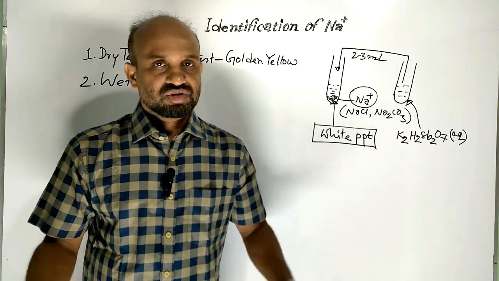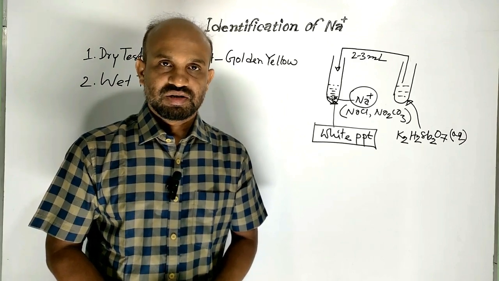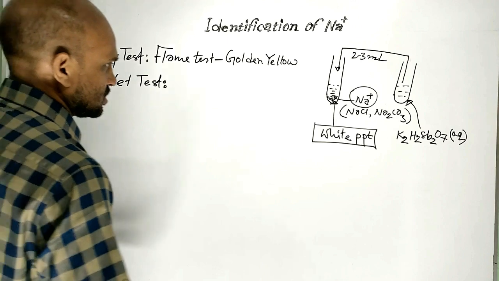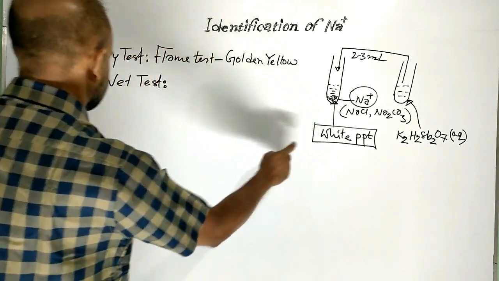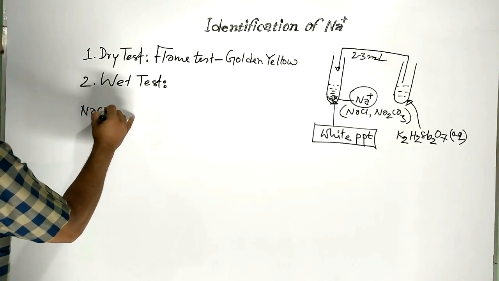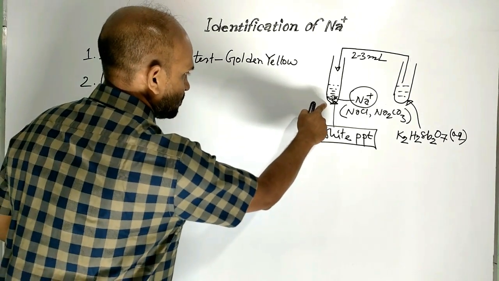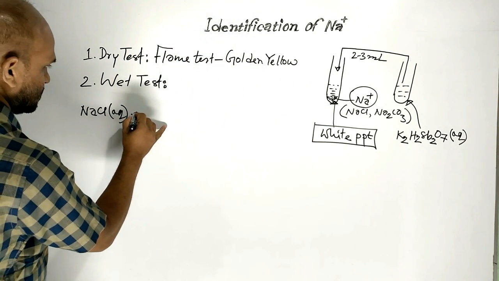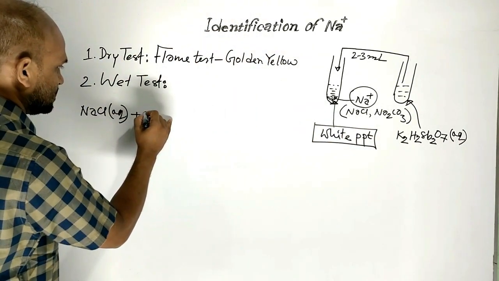Now, let us try to know the reaction to form white precipitate and the reason behind this. Salt, suppose sodium chloride. Solution of sodium salt, sodium chloride solution. Here, solution of potassium pyroantimonate is added.